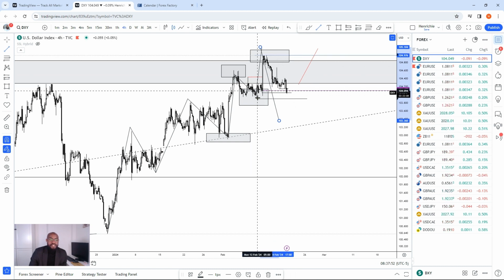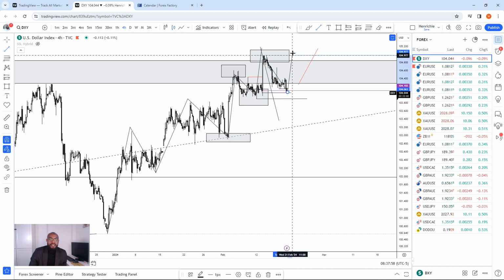So as long as this low right here hasn't been violated, don't be surprised to still see the dollar go to the upside to run this buy side liquidity.